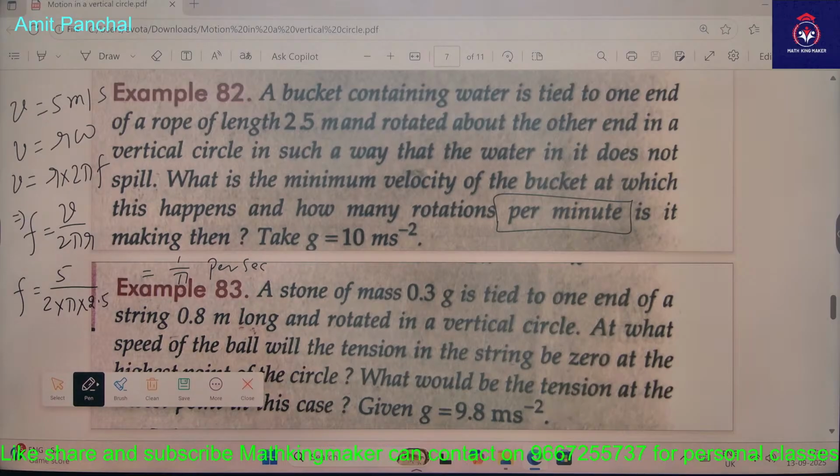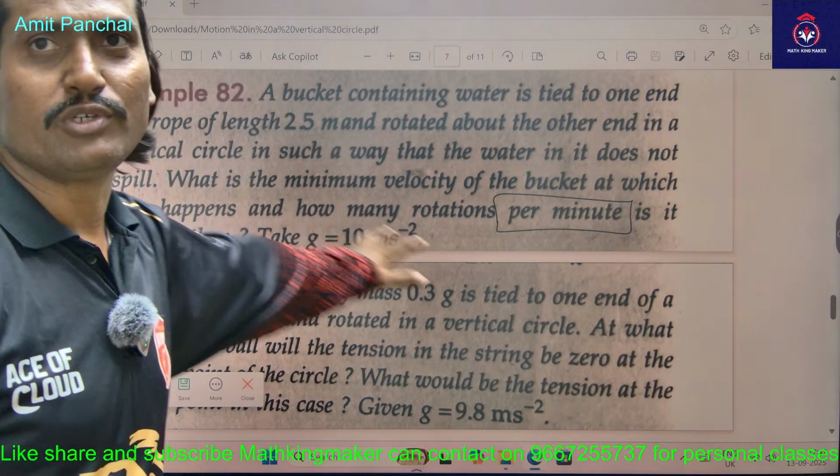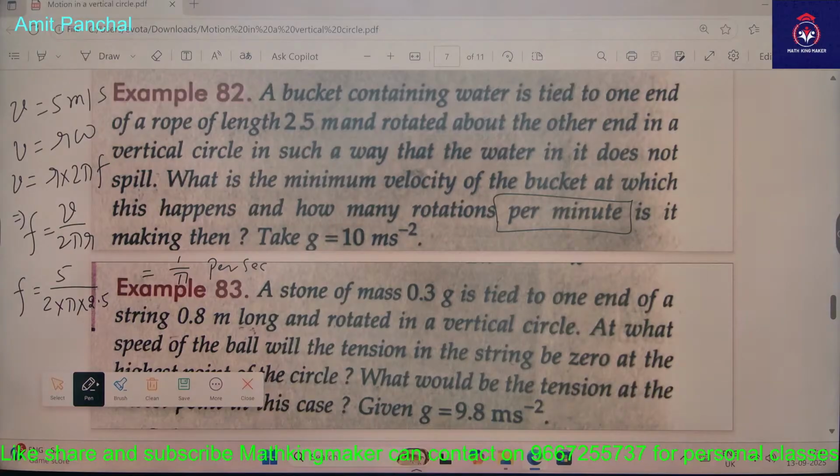Whatever will be the answer of most of the students will also be given in the options, because most of the students will tick that. So be careful. The funda is just read the question carefully.